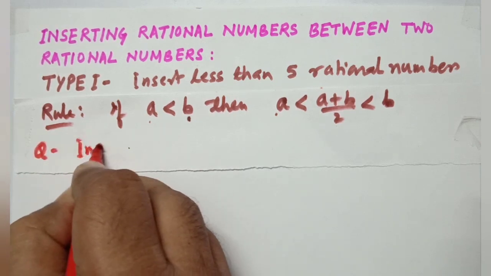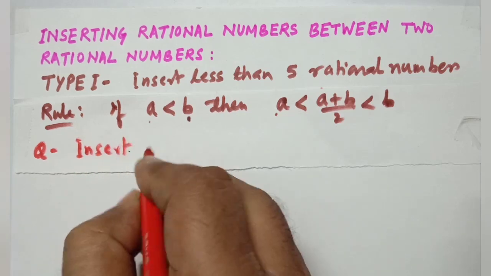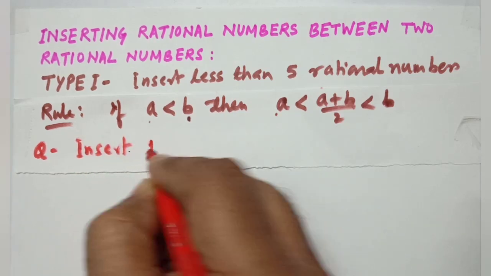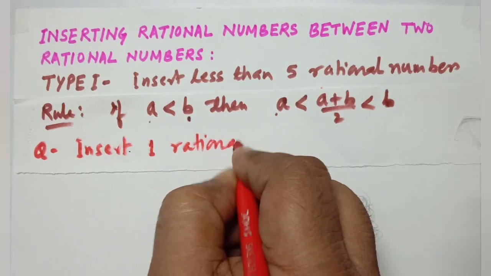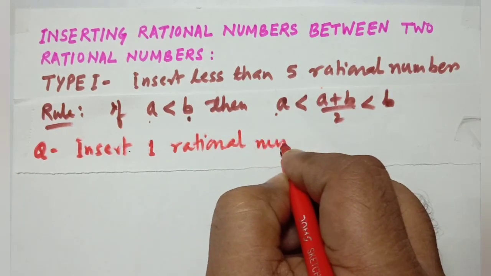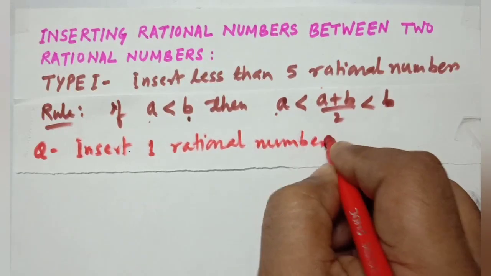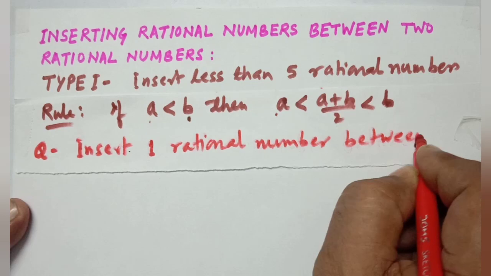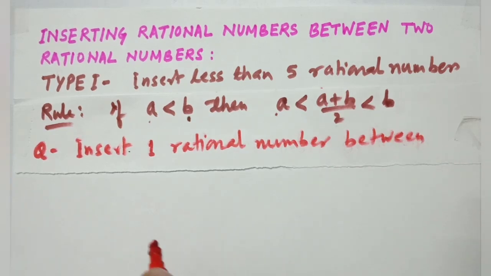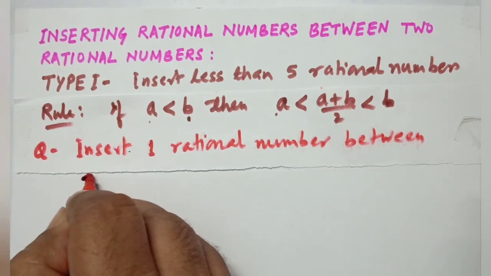Insert one rational number between 1 by 2 and 3 by 5.